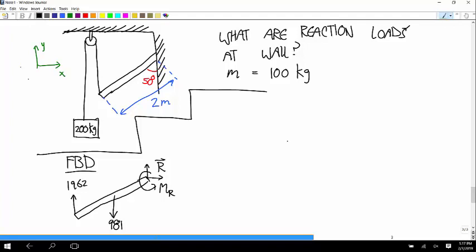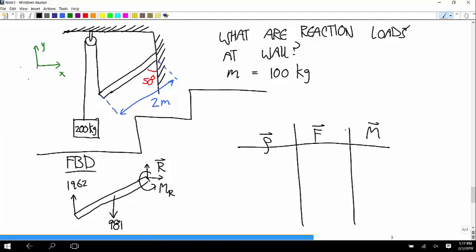So now I'm going to fill out the table: row vector, force vector, moments. Each one of these loads gets its own row in the table. So the first one, let's use the cable force, that's the 1962. Before we start filling this out, we have to choose an about point.